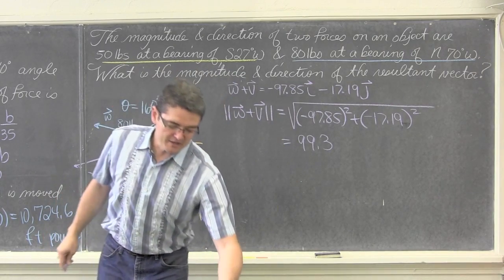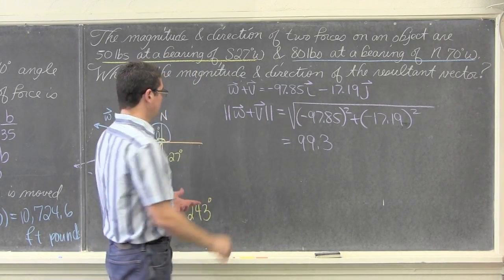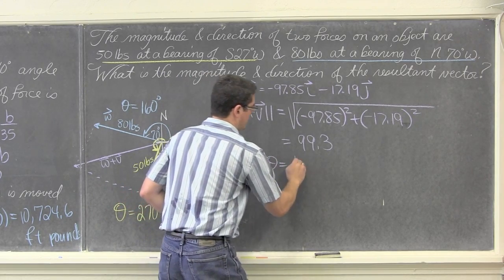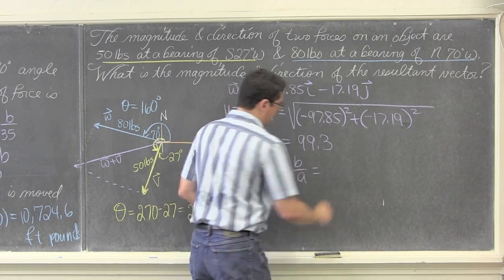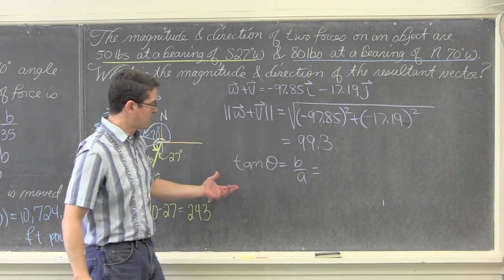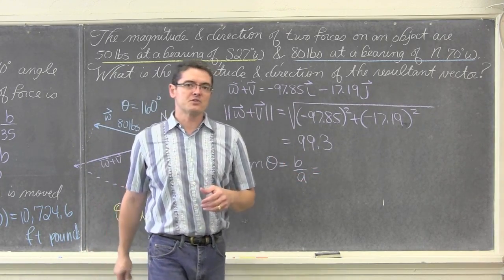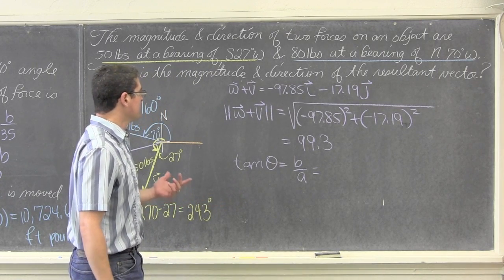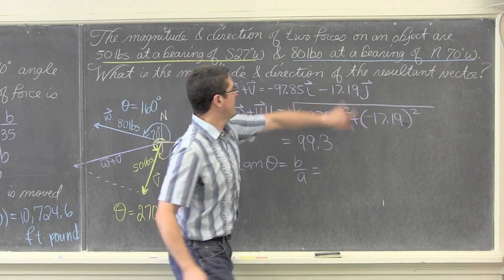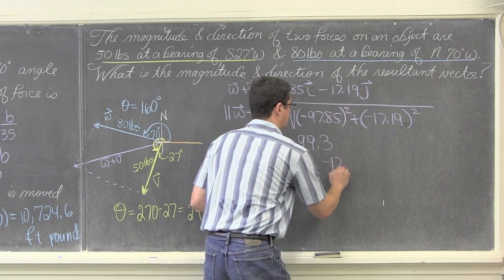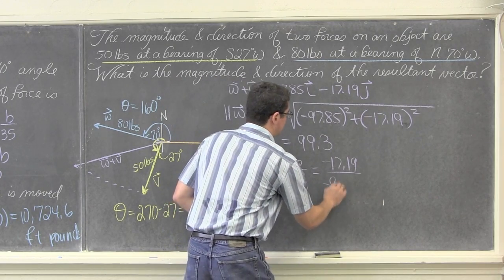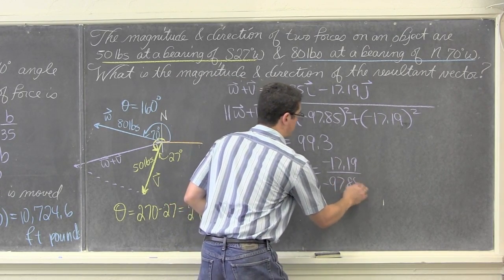Okay, what about the final direction? Well, tangent of theta is equal to B over A. I've been doing the same kind of conversion when you went from, let's say, polar coordinates to rectangular coordinates, way back when you first started your study in trigonometry. It is going to be B, negative 17.19 over A, which is negative 97.85.